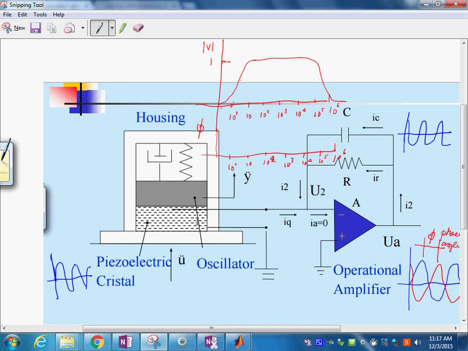So if the output tracks the input, then this has perfect control. And in here you might have a plot that relates to the angle. But let's just analyze this. On this axis is the frequency, and in here is the magnitude.